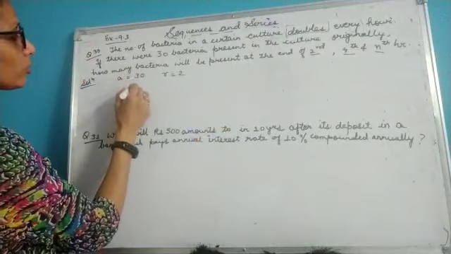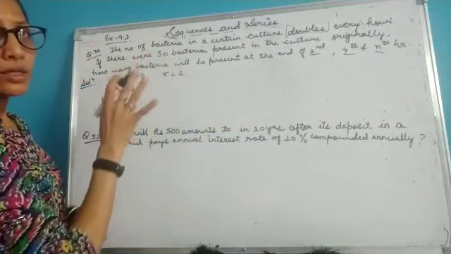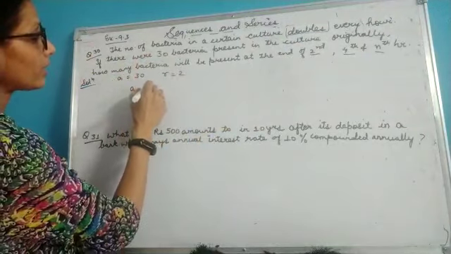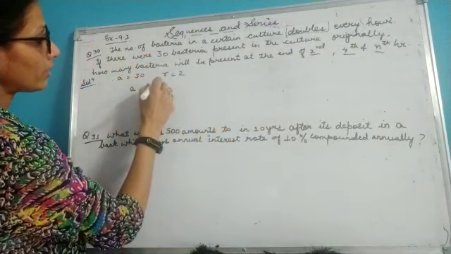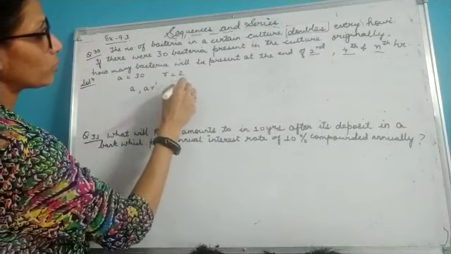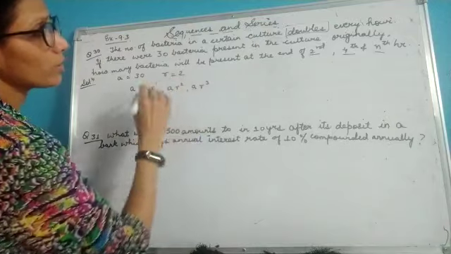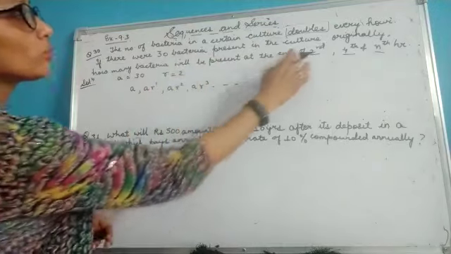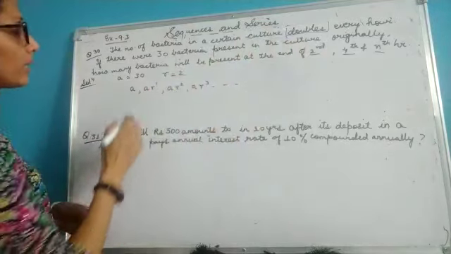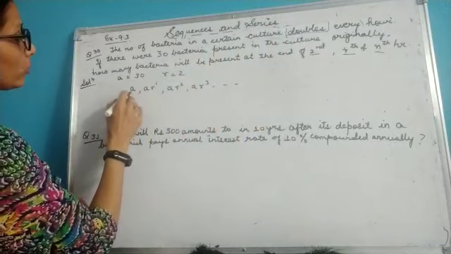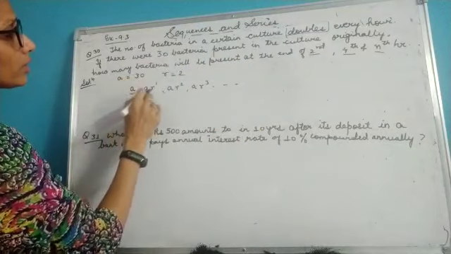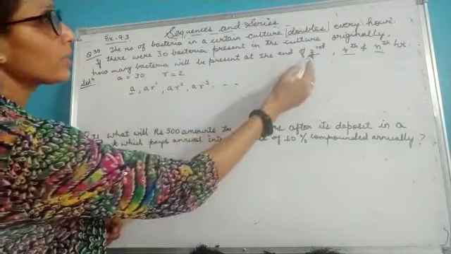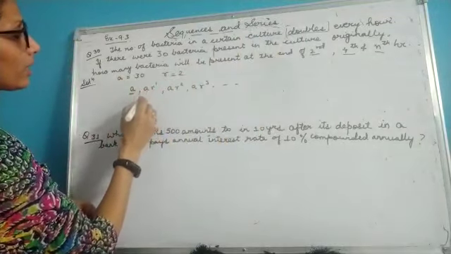So here I can write my GP series as a, ar^1, ar^2, ar^3 and so on. If I want to calculate my second term, I know my a is 30, so I will be calculating ar^1.